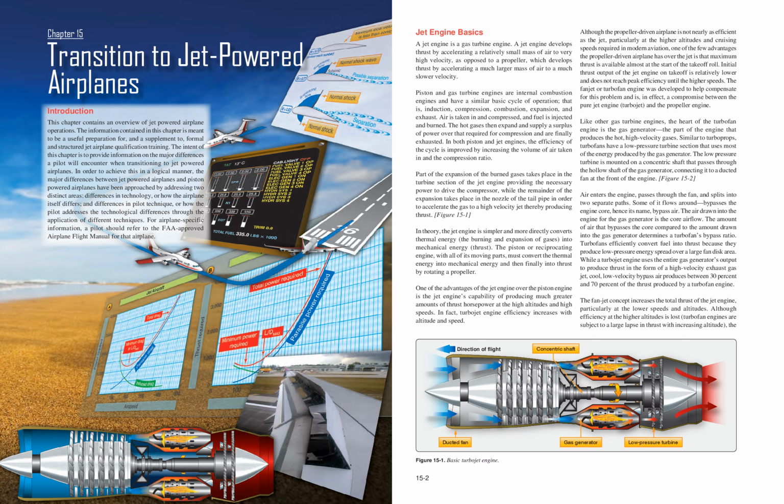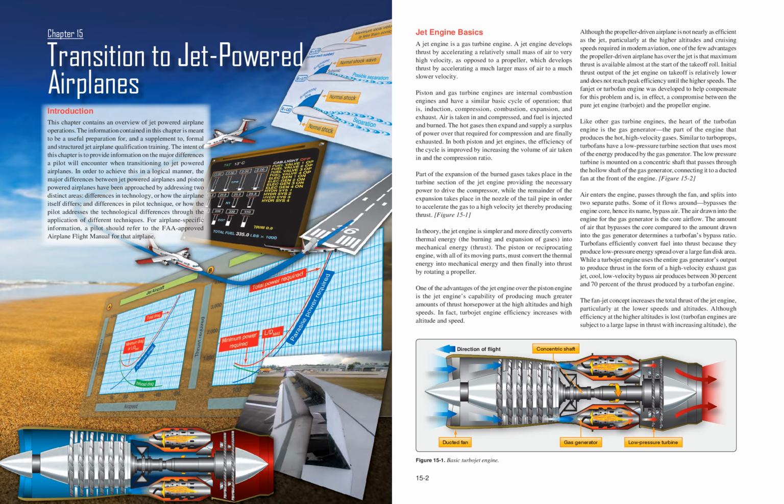The fanjet concept increases the total thrust of the jet engine, particularly at the lower speeds and altitudes. Although efficiency at the higher altitudes is lost, turbofan engines are subject to a large lapse in thrust with increasing altitude.